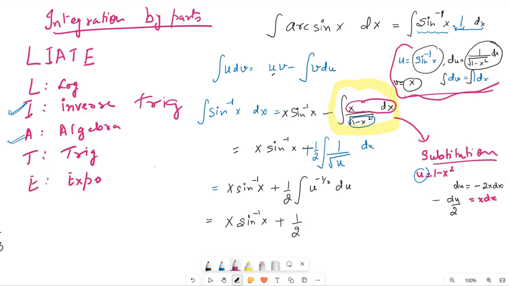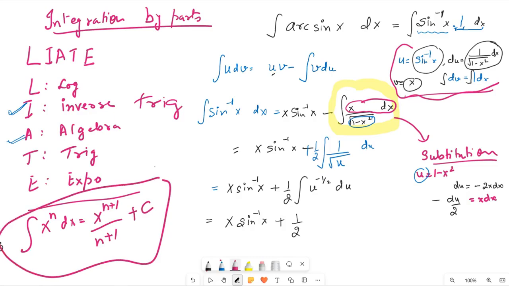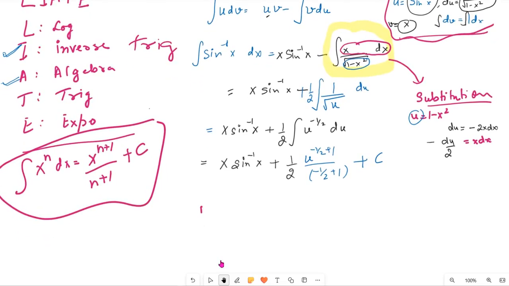Do you guys remember the power rule? Integral x^n dx is what? Power add 1 divided by the new power, plus c. That power rule will make this u to the power negative half plus 1, divided by negative half plus 1, plus c. Let's simplify all that.